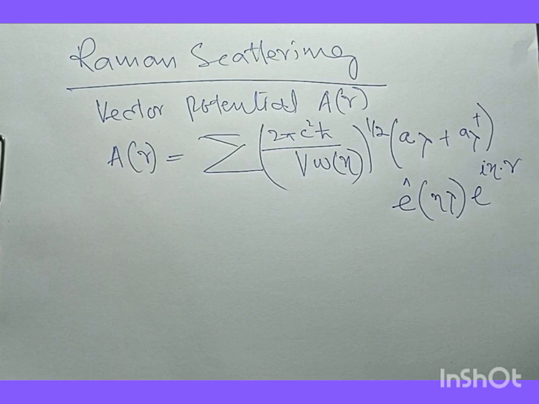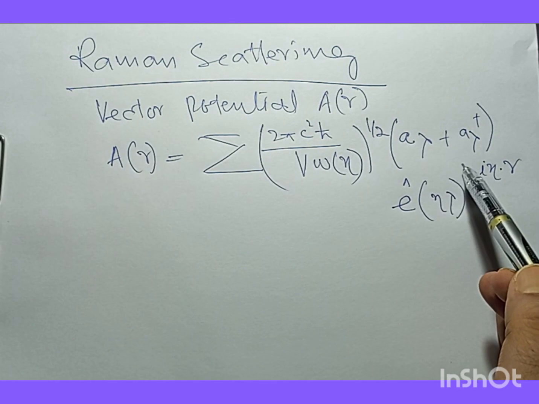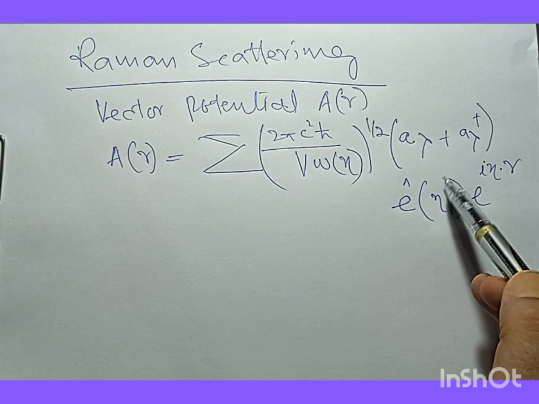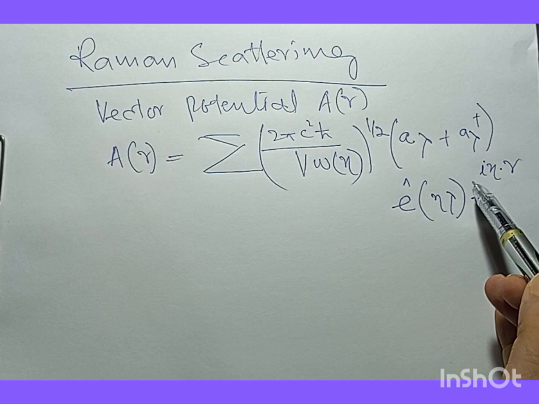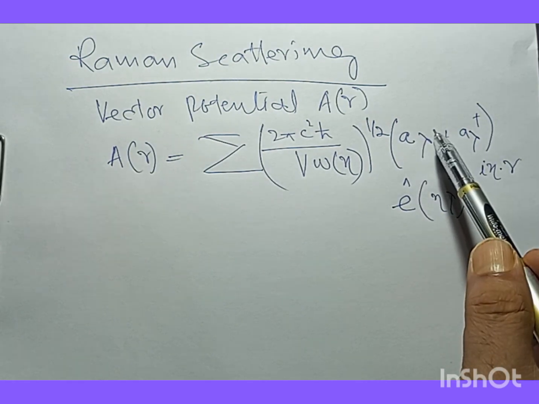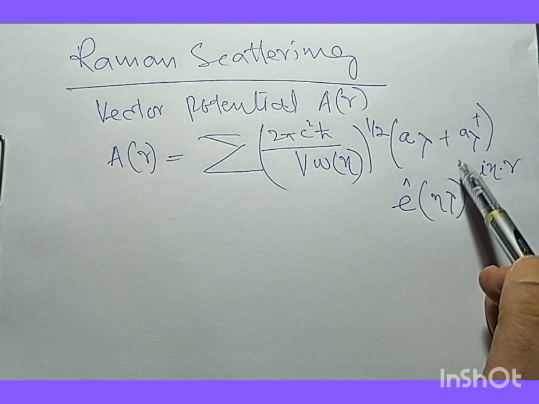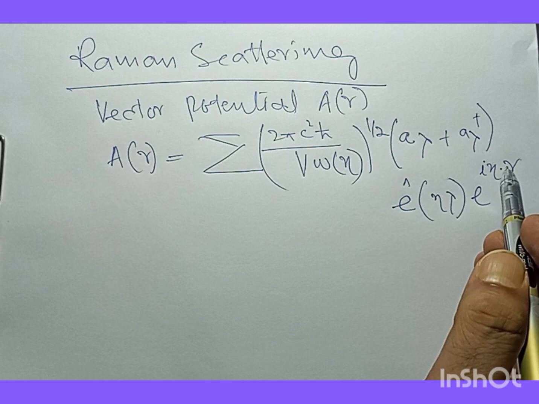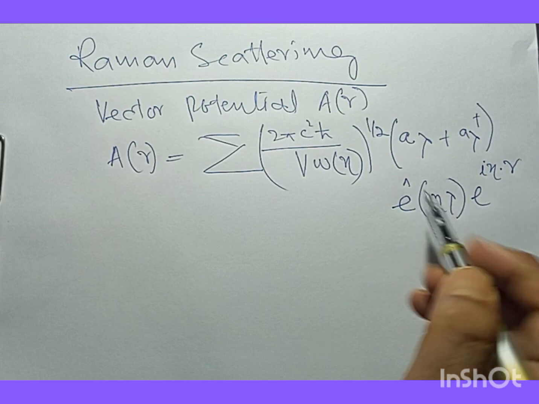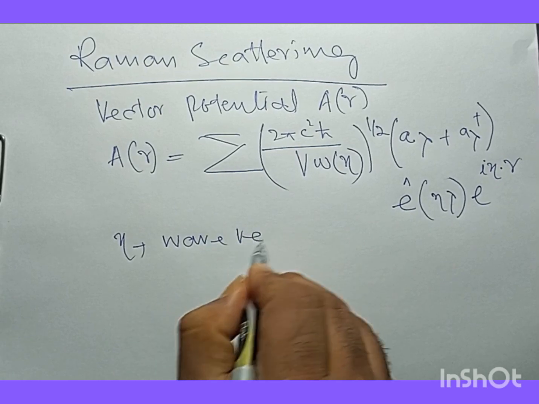In this equation, which is a very crazy equation, we can see that we have a lambda dagger and a lambda. This is the creation operator, and this is the annihilation operator for the photons, and eta is the wave vector here.